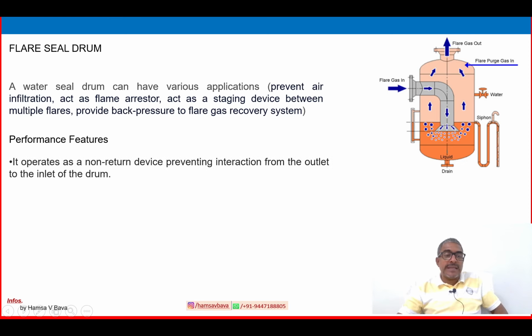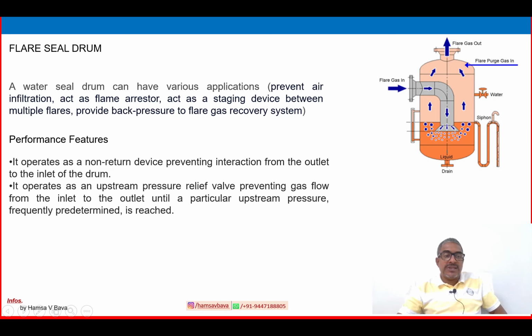It operates as a non-return device, preventing interaction from the outlet to the inlet of the drum. It operates as an upstream pressure relief valve, preventing gas flow from the inlet to the outlet until a particular upstream pressure, frequently predetermined, is reached.